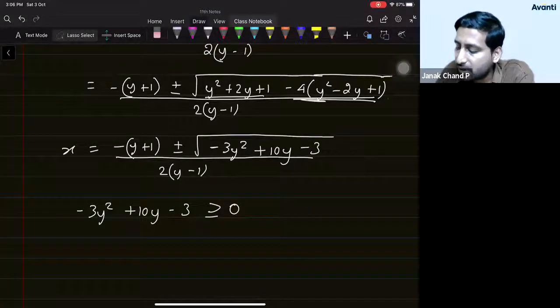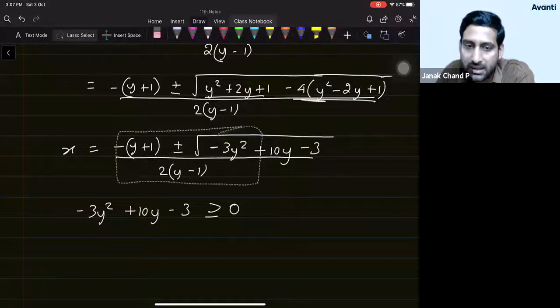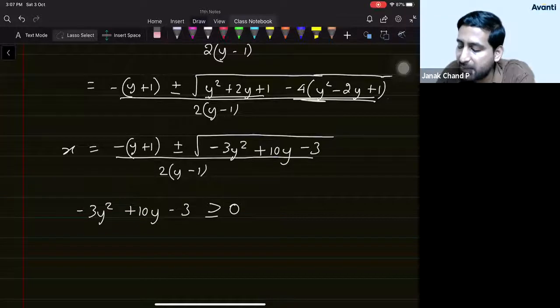Other than that, you put any value of y here, even if you have a square root of a non-negative number, which is an irrational number, even that irrational number, when added to a real number here, divided by a real number, as a whole, will be a real number. Obviously, it will be irrational if you have a root of something which is not a perfect square. Okay, fine.